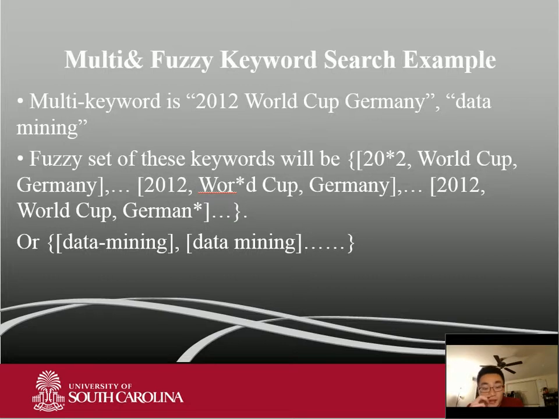And for data mining, it can be data mining or dash mining, because in our file it can be in two variants, or our users can type in different versions of expression of the keywords. So the fuzzy keywords can be very useful.